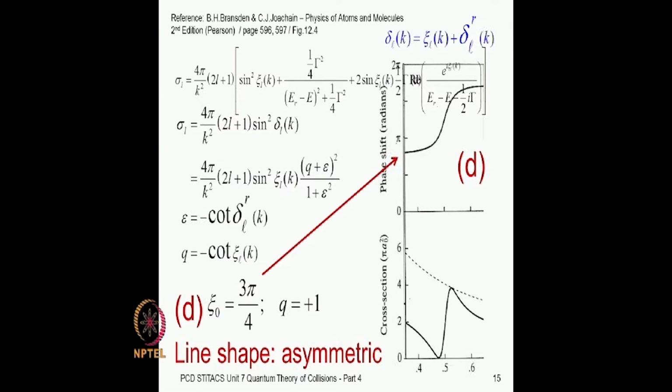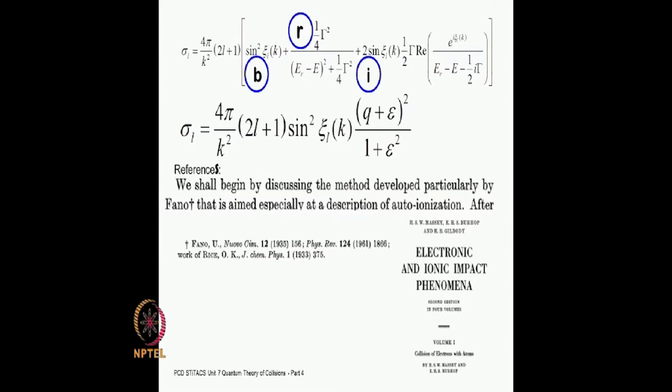Okay, in certain cases you may get some kind of symmetry, that depends, and the information about the shape of the profile is then contained in the q parameter. So this is the famous Fano's q parameter, and you can see that, especially if you are an experimentalist, you would like to look at the shape and analyze it in some simple terms. So Fano parameters let you analyze the shape of the resonances in a very neat form.